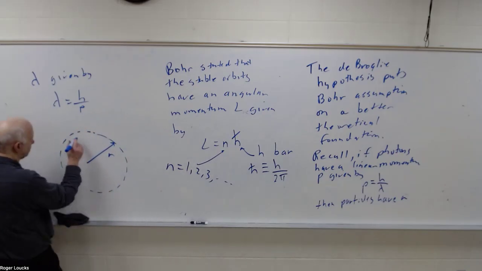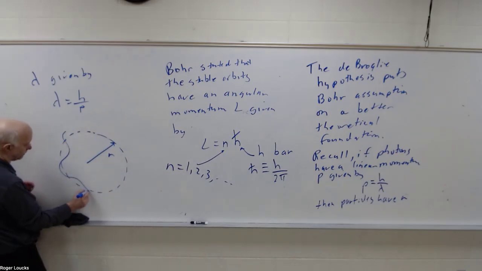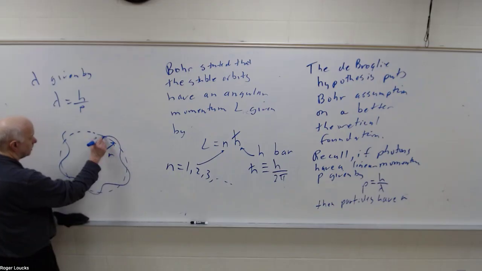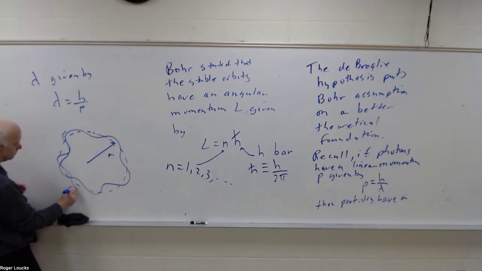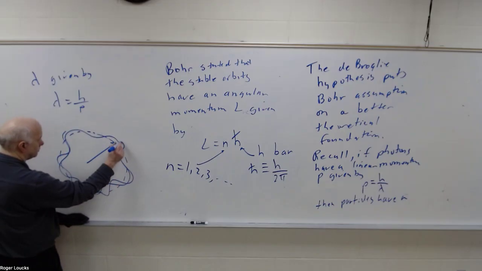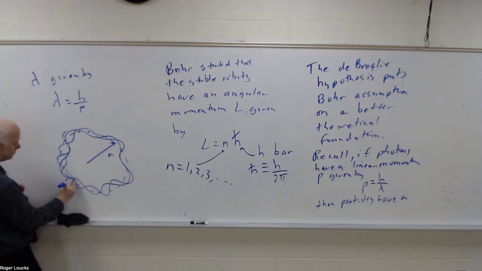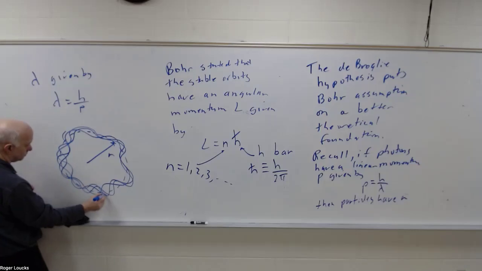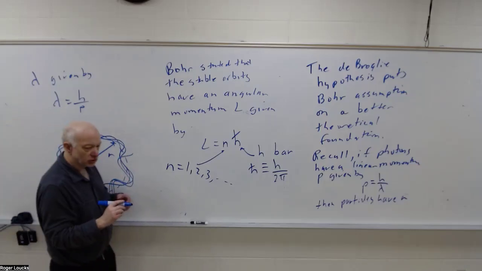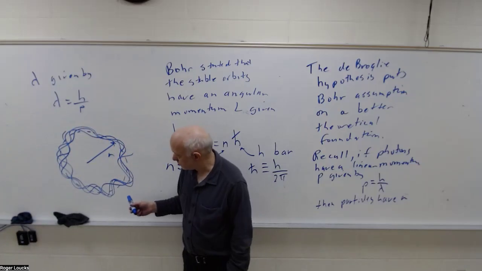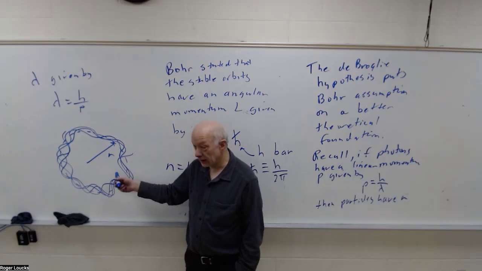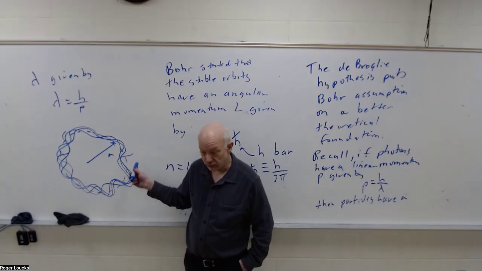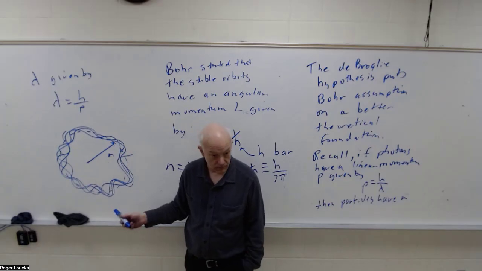If I draw my wavelength for the electron like this, it looks like you're going to get constructive and destructive interference, and that's not going to be stable.